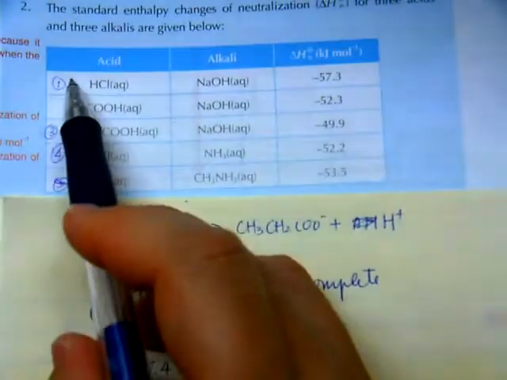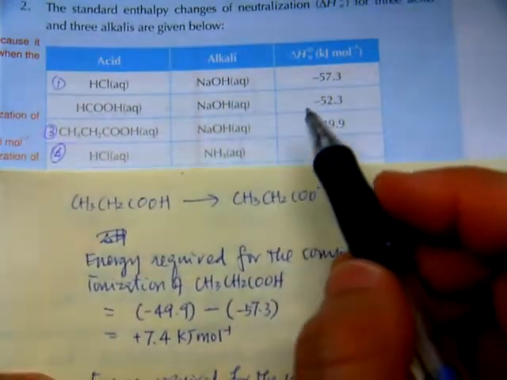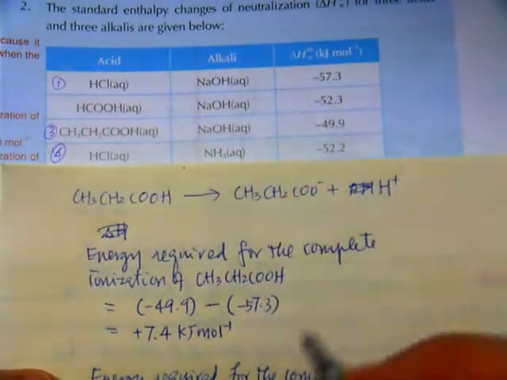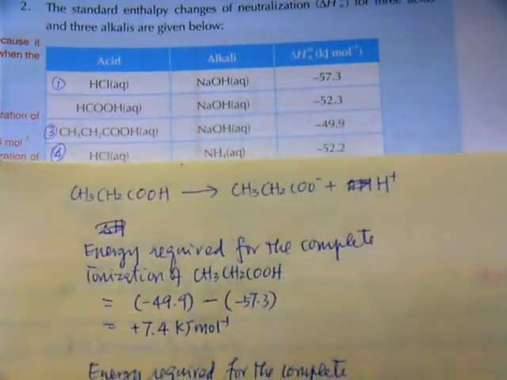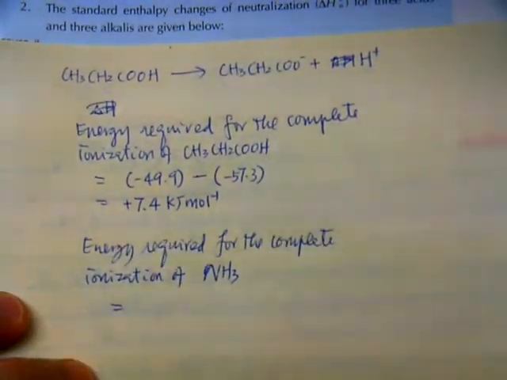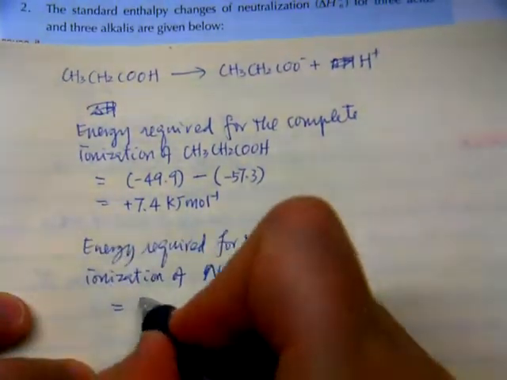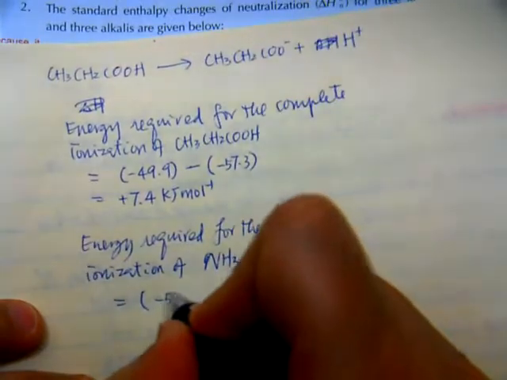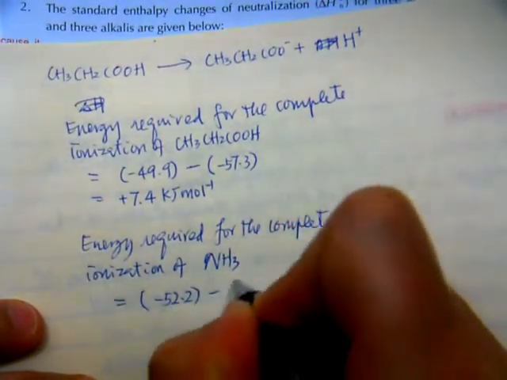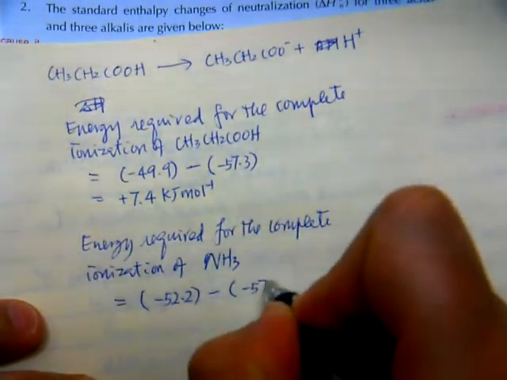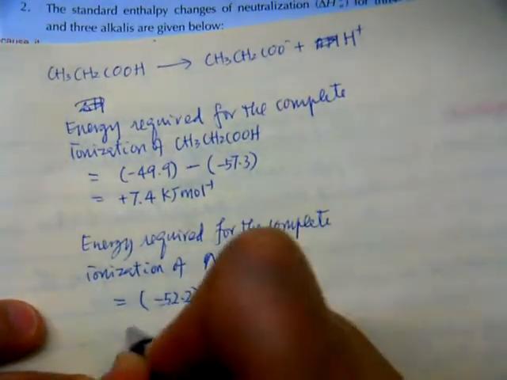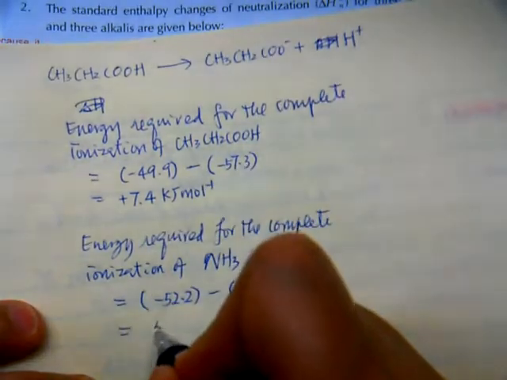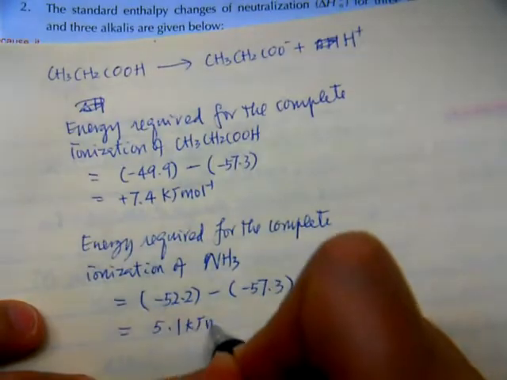You should use the first one and the fourth one. How to work this out: the fourth one, negative 52.2 minus negative 57.3, which is 5.1 kilojoule per mole.